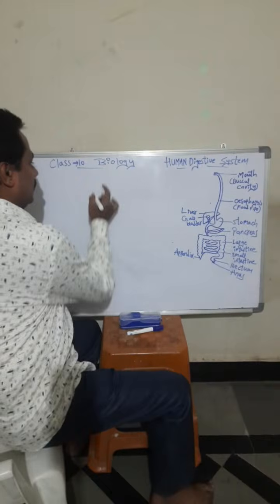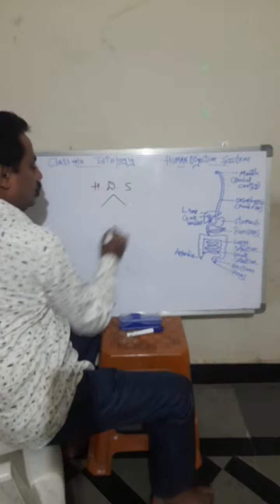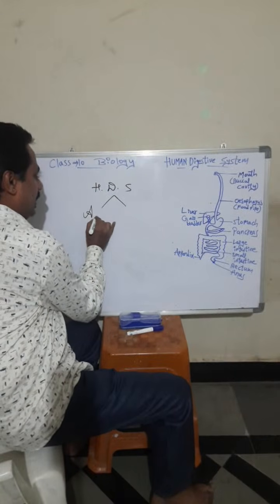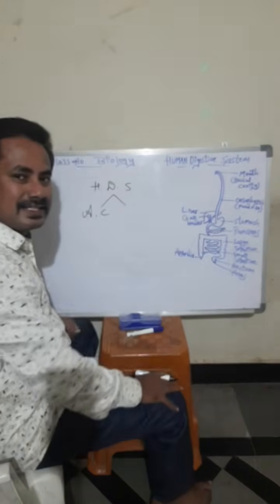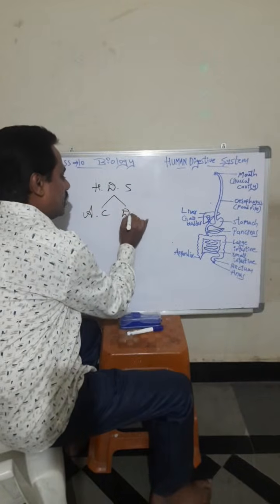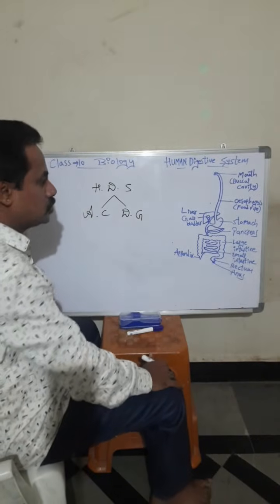First one is alimentary canal, the long tube from mouth to the anus, which is known as alimentary canal. And the associated glands, or digestive glands, we can call it.